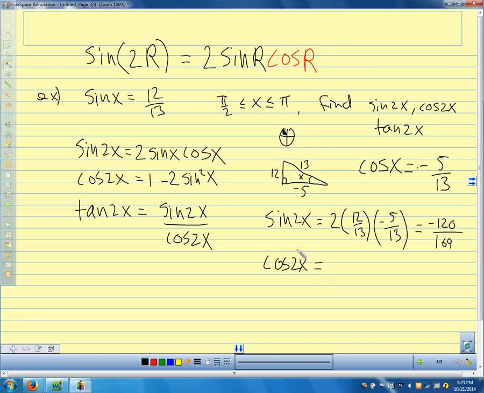Cosine of 2x. I'm going to plug into this formula: 1 minus 2 times sine squared, 12/13 squared. I plug this in, calculate this out, and I get negative 119/169.